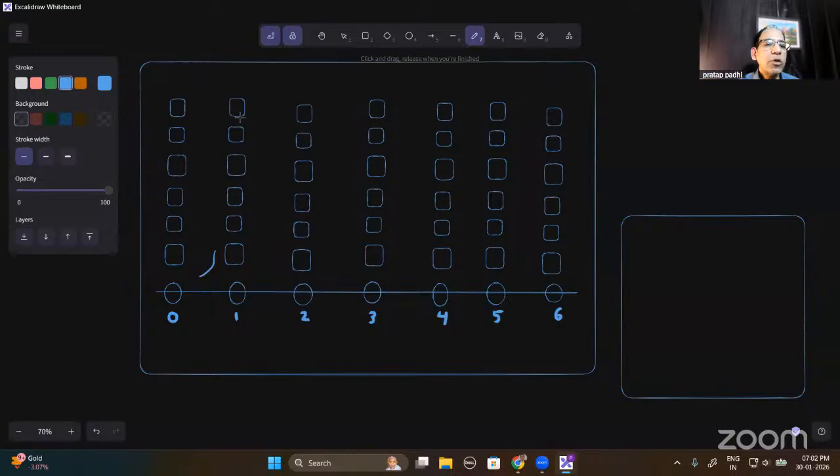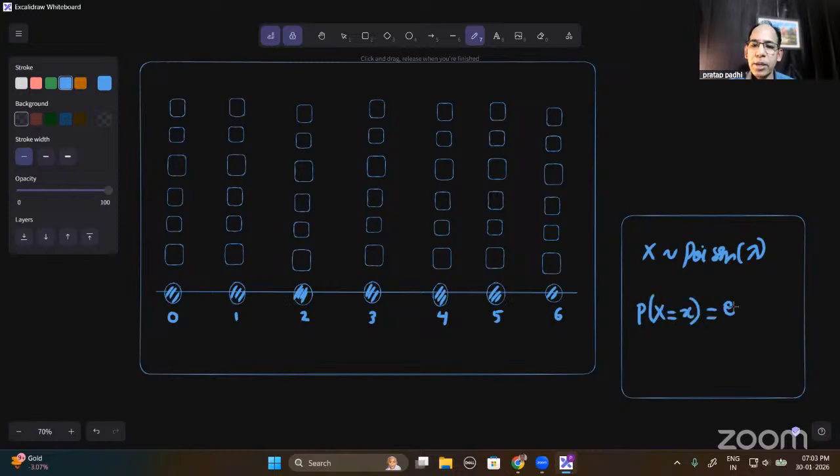Now this is a Poisson process, from Poisson distribution to Poisson process. What is a Poisson process? If I write a Poisson distribution like this, Poisson lambda, it will give you the values: probability x is equal to x is e to the minus lambda, lambda power x divided by x factorial.